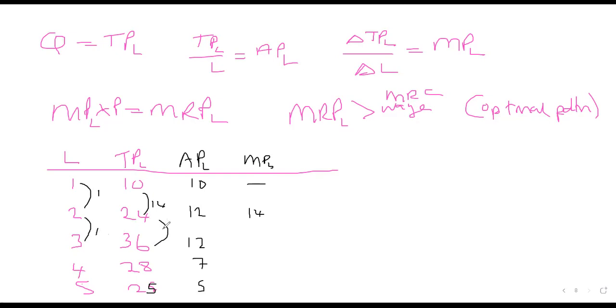Here the difference is what? 12. So 12 over 1, we get a 12 there. And you subtract here again. 28 minus 36. What do we get? Negative 8. 4 minus 3 is 1. So negative 8 over 1 is negative 8. 25 minus 28 is what? Minus 3. 5 minus 4 is 1. So minus 3 over 1 is minus 3.